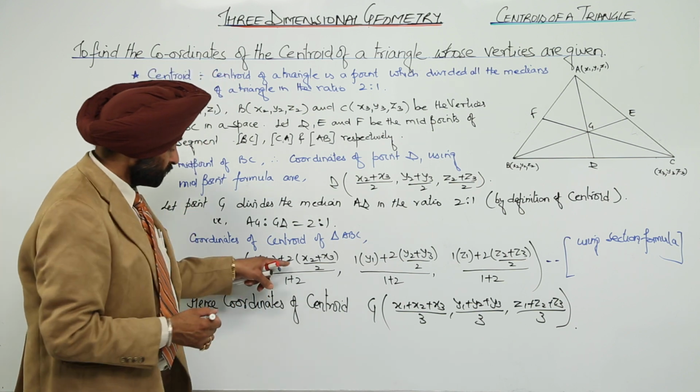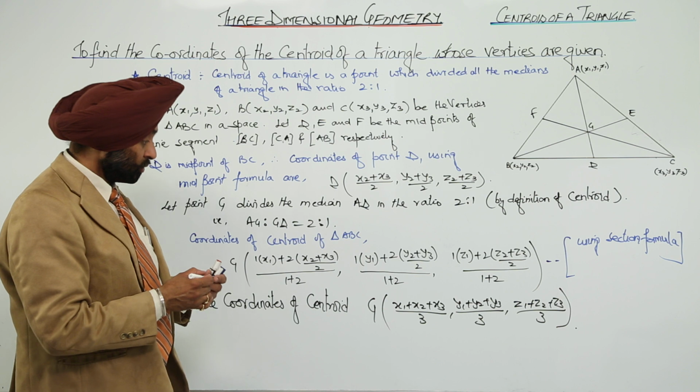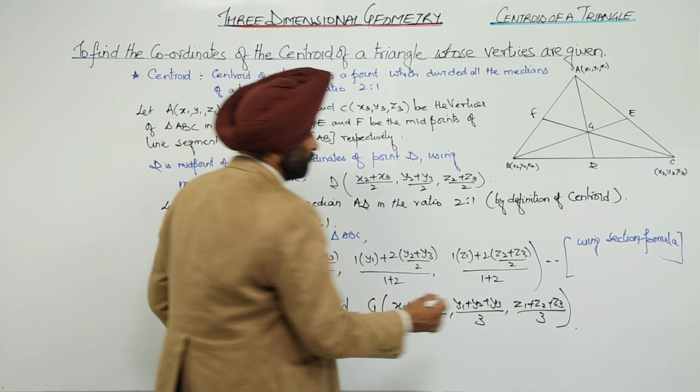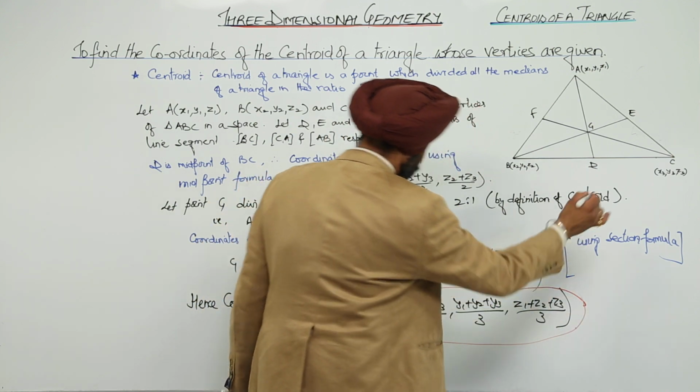Okay. Now this 2 and 2 cancels and we are left with x1, x2 and x3. Okay. So this is the formula we are getting for the centroid. This one.